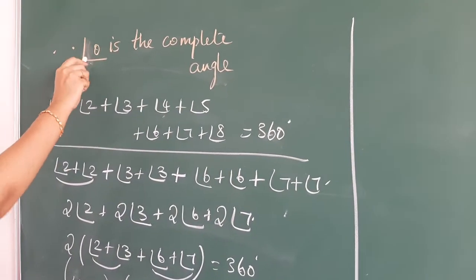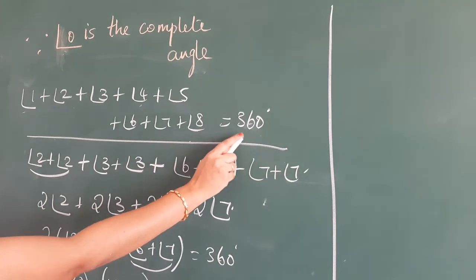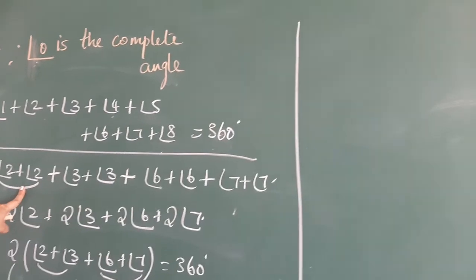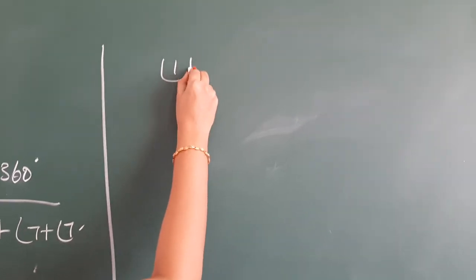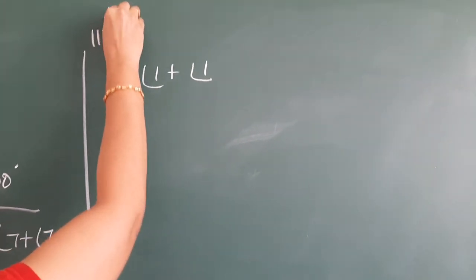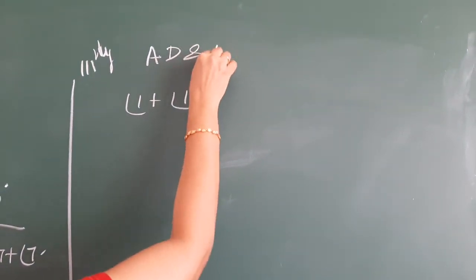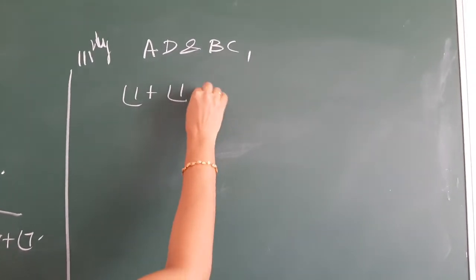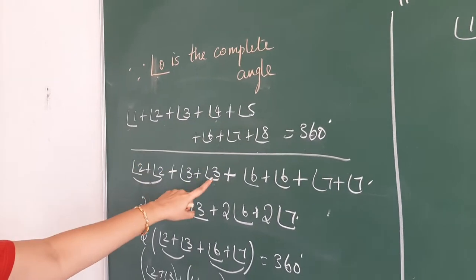At the point O, angle O is the complete angle, so we know the sum of all these angles is equal to 360. And actually we replaced 1 as 2. For proving the opposite side, replace 2 as 1. So angle 1 plus angle 1. Similarly, for the sides AB and BC also, angle 1 plus angle 1, then for the previous step 4 we replaced as 3.